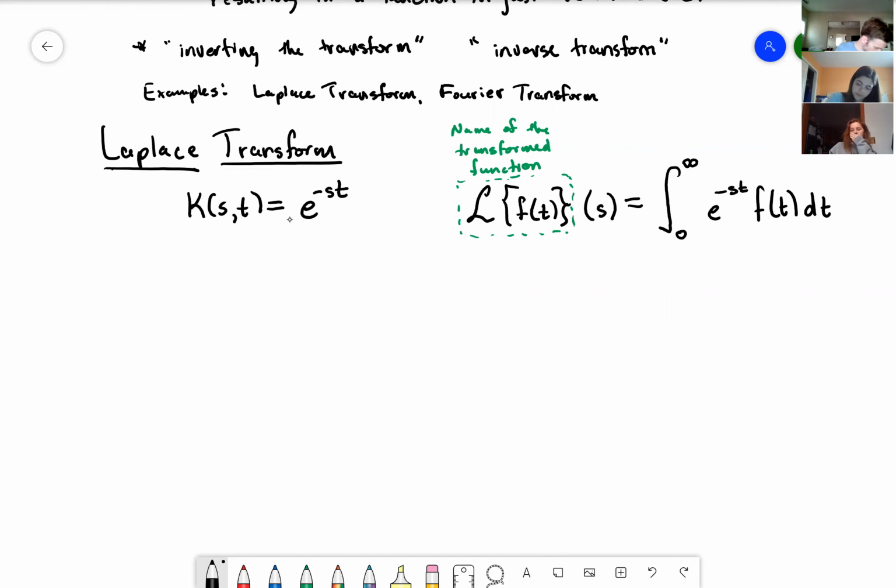So this is how we get the transform function. Now, oftentimes you will see this written as the transform function is capital F for the sake of not having to write out the script L, curly braces, F, T. That's at risk of confusing it with the antiderivative, which we oftentimes use the capital letter to indicate. So you should know which one it is basically.